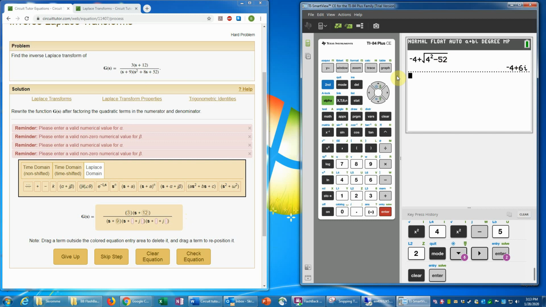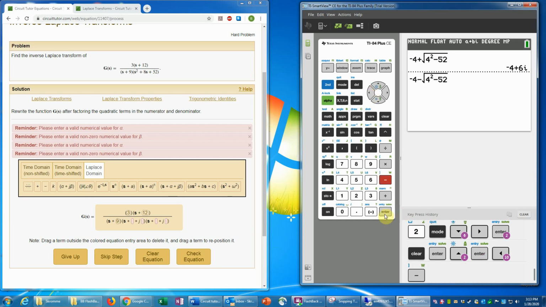Now, if I'm not sure about that, I could always go back up and grab that expression and then edit, change that plus sign to a minus sign to get the other root. And that would verify. But in any case, I know that's true. So now, for this root, for example, negative 4 plus 6i, remember that that factor will be s plus 4 minus 6i, because that's what you do when you have roots in order to get the factors.